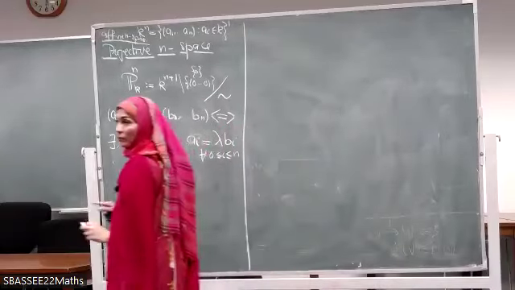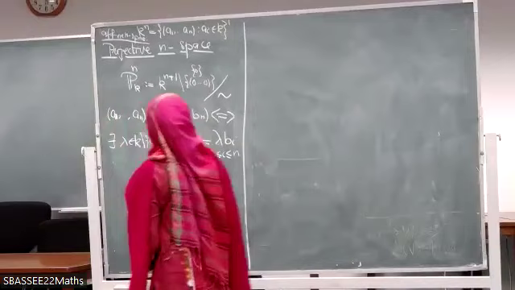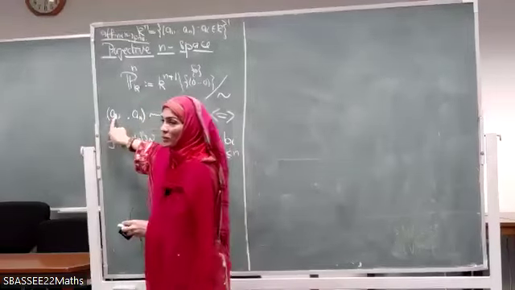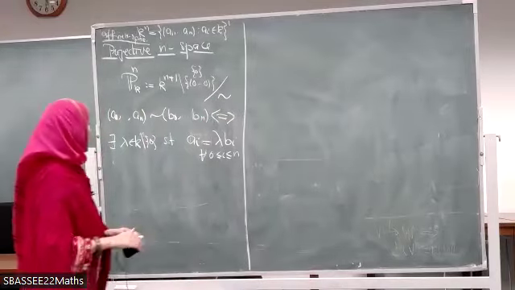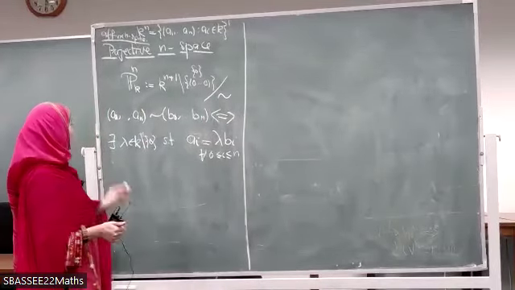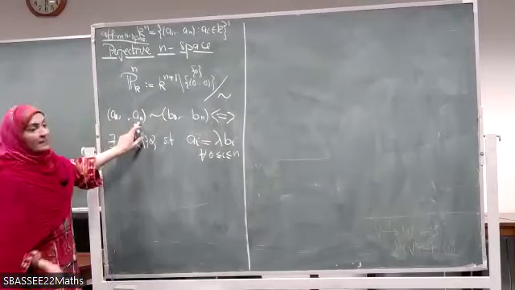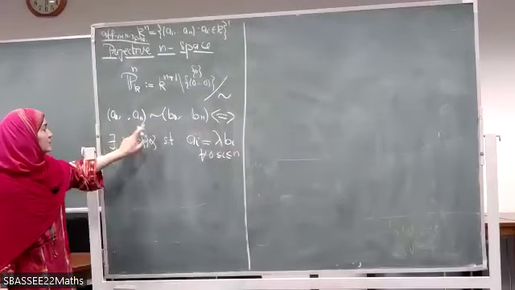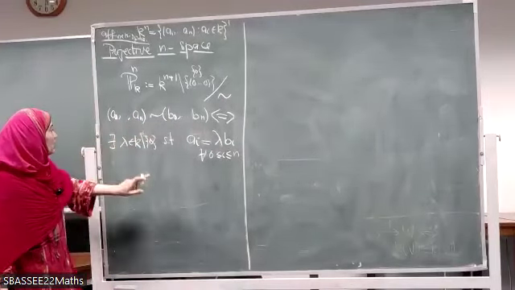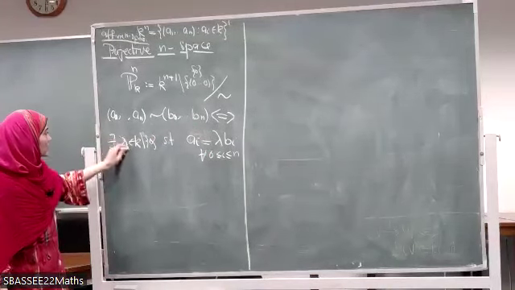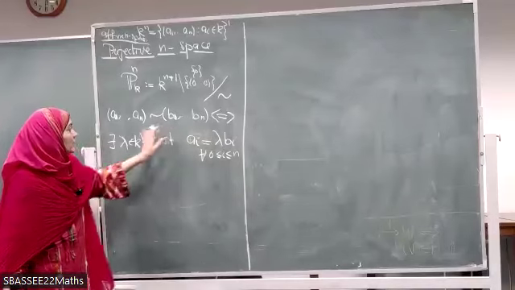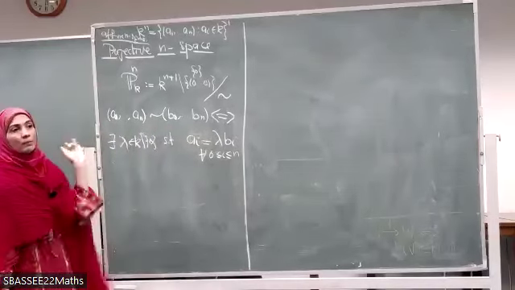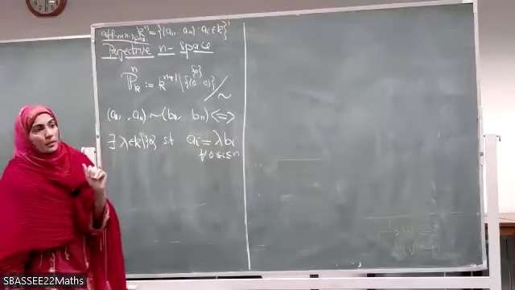The elements must be from k^(n+1), so that's why I started from a_0. This means that there are n plus 1 coordinates. So these two elements are equivalent if and only if there is some non-zero element such that each coordinate is a multiple of the other by a fixed scalar.